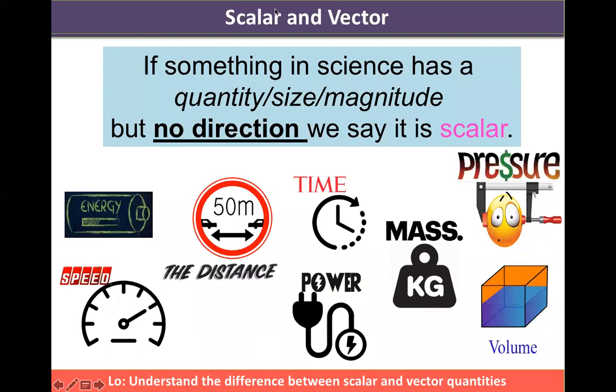Please copy down. Scalar is something that has magnitude, a size, a quantity, but no direction. Write the definition, and below that write examples: energy, speed, distance, time, power, mass, pressure, volume.